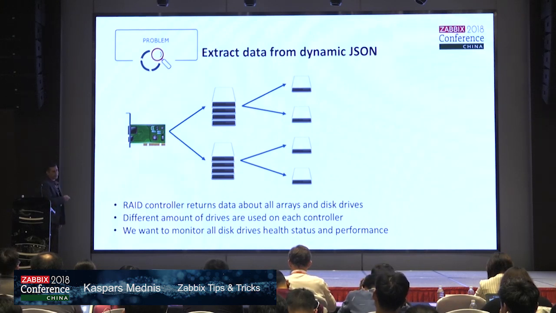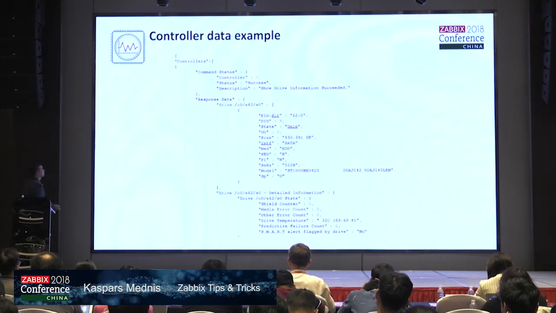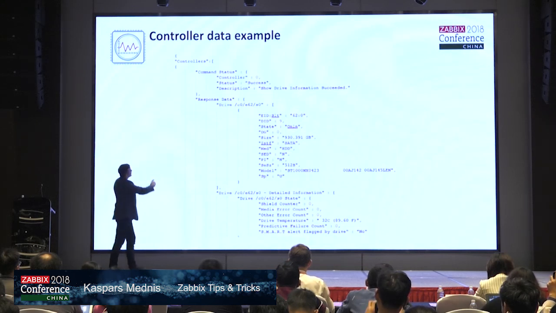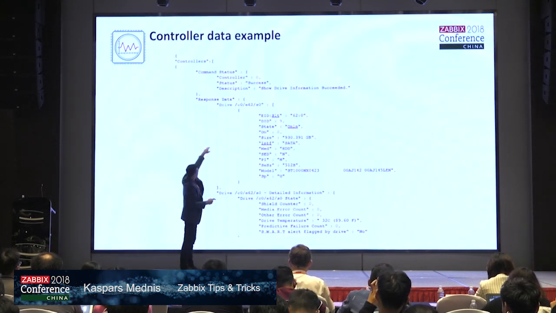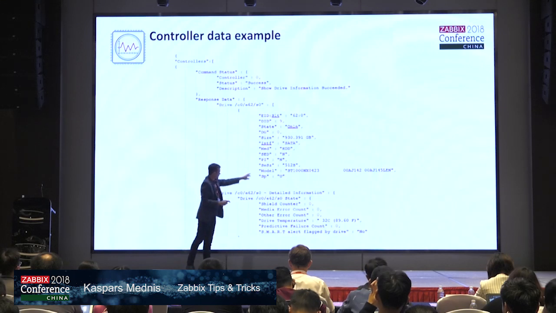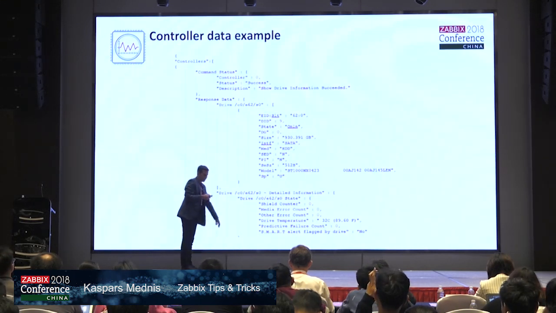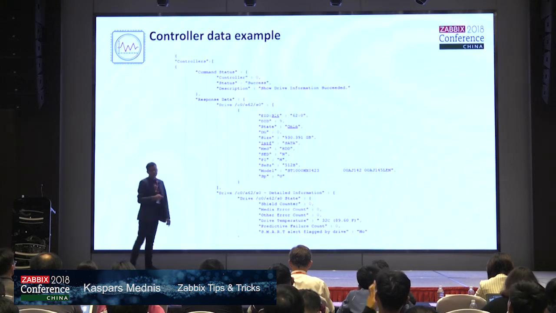And this controller can return native JSON. So you can add controller status, and it will return JSON just like that. Status, then it will return drive 1, then all drive 1 parameters which you want to monitor, then somewhere below it will return drive 2, and so on.